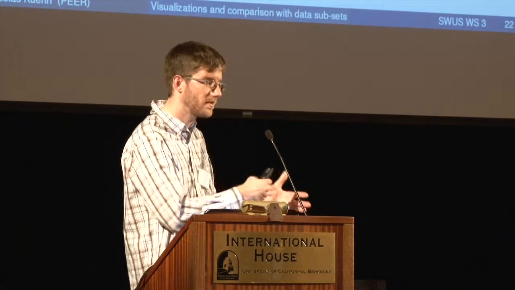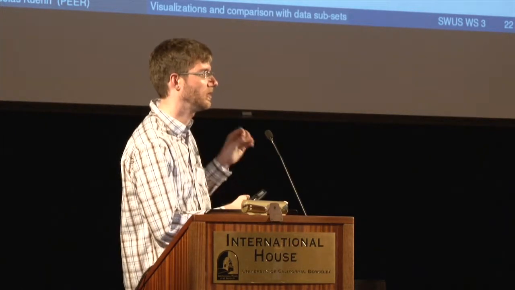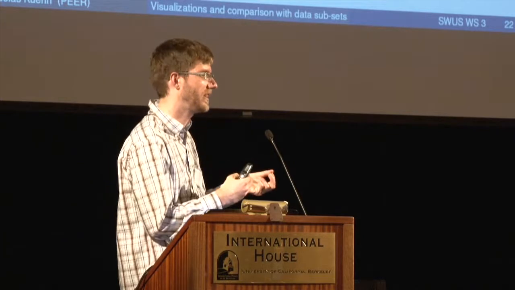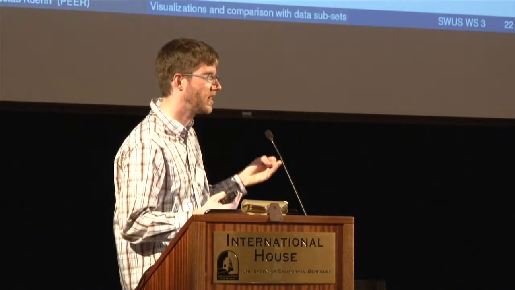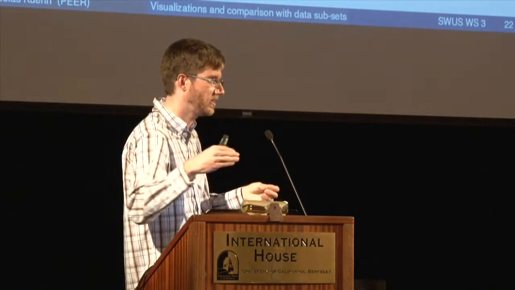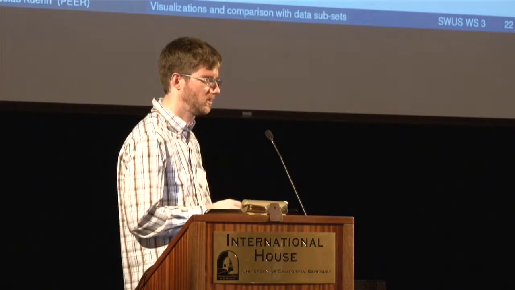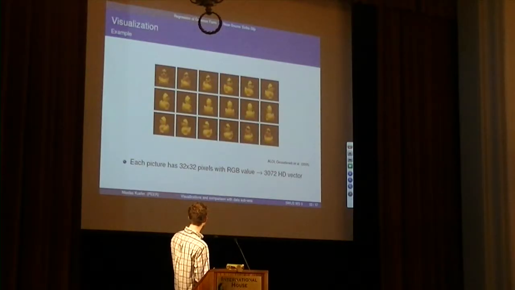Yes. But in this case, we're still treating each entry of the vector as equally important. So magnitude 5 at 1 kilometer is equally important as magnitude 6 at 1 kilometer, and so on.